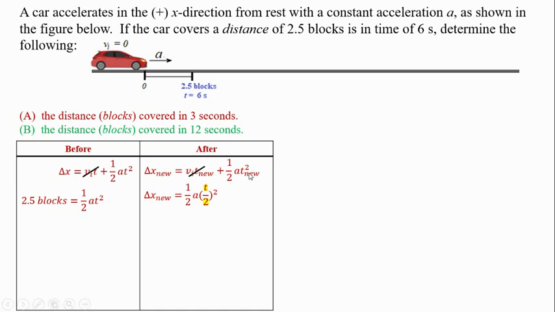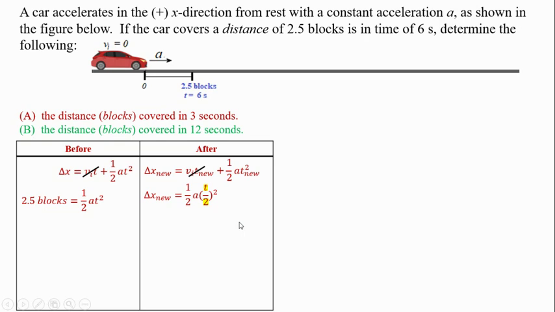This is the struggle that students often have: how do you write the new time in terms of your given reference value? Part A says 3 seconds, but the diagram gave you a reference point of 6 seconds. So 3 seconds is half of 6, hence T over 2. Taking the time that was given, which is 6, and chopping that in half.